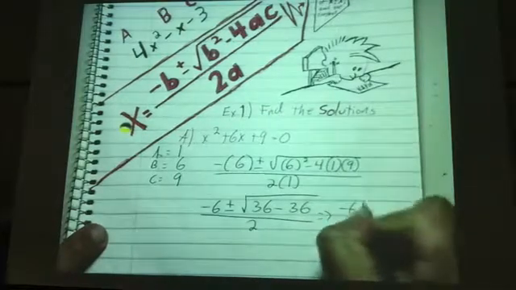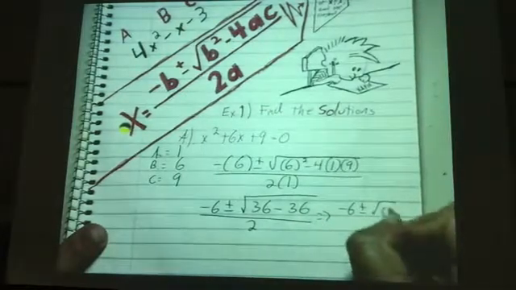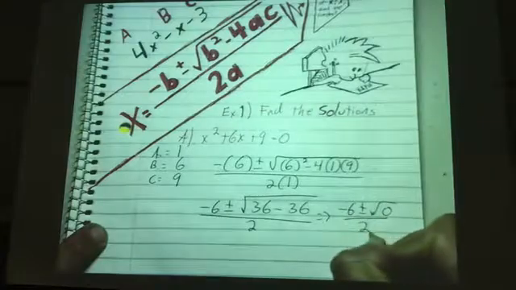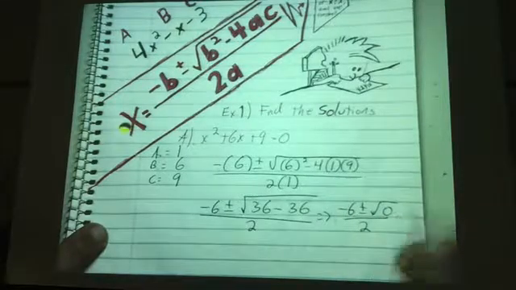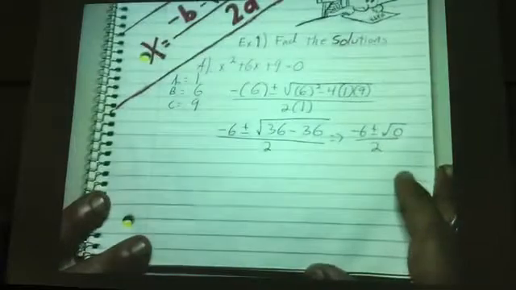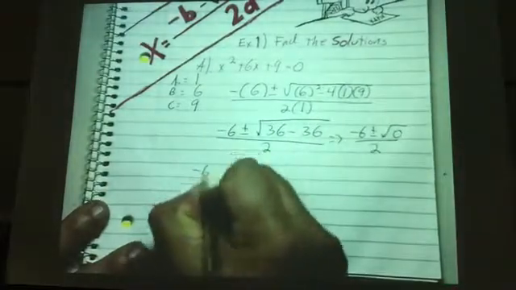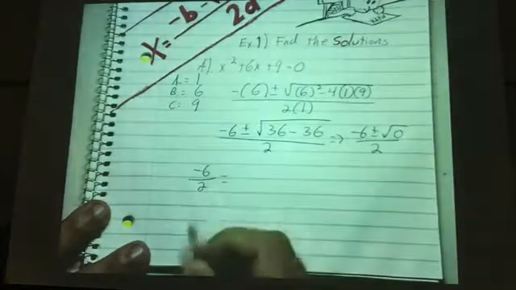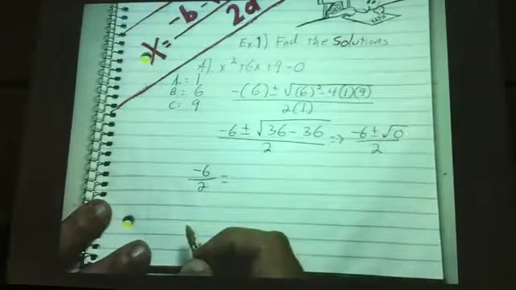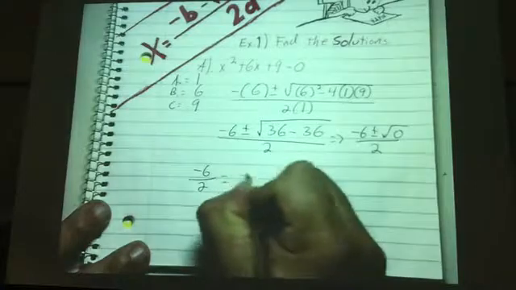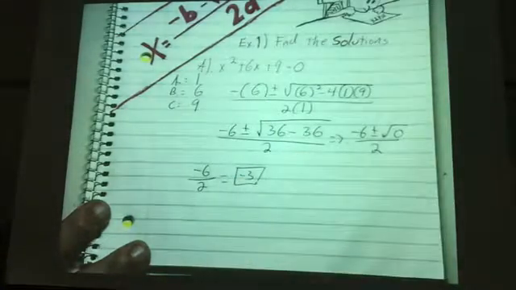We have negative 6 plus or minus the square root of 0 over 2. When we have the square root of 0, we have nothing because it's a 0. We're going to have negative 6 over 2. Then we reduce, 6 over 2 is 3. Negative 3 is our answer.